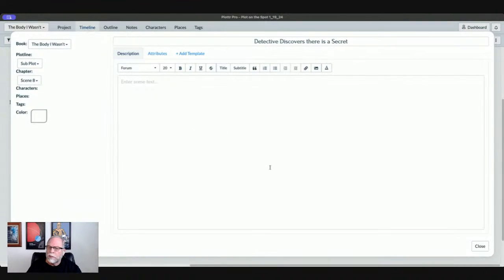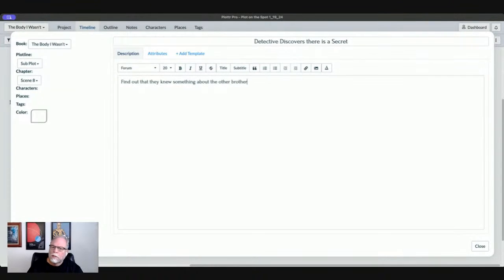Now, let's talk about some ways that he could discover that there's a secret. How would he find out? How would he find out that there was a secret? How would he find out that they knew something about the other brother? Now, at this point, that's all the secret would be, is he would find out that they knew something about the other brother.